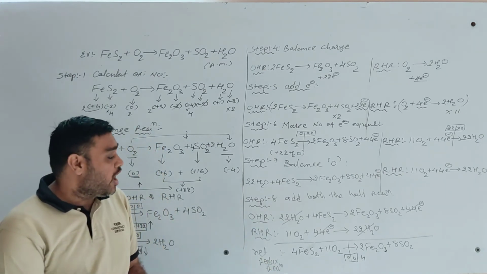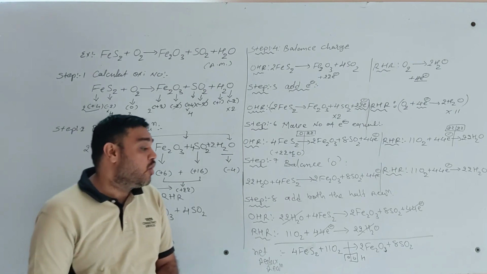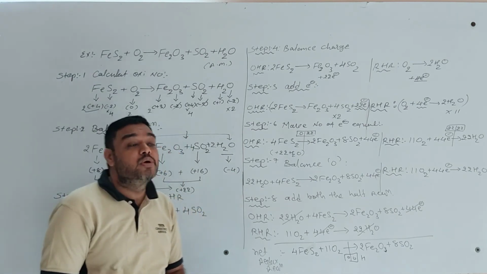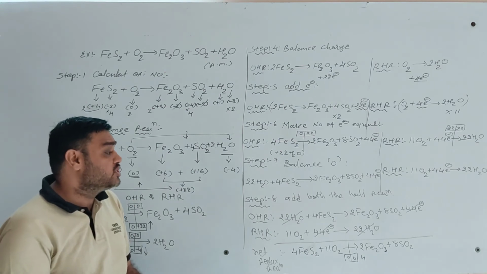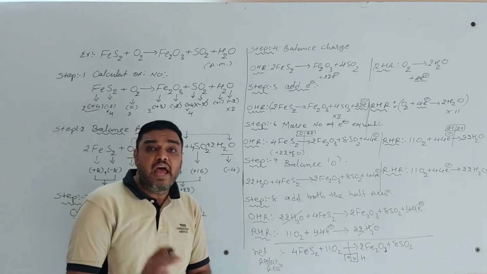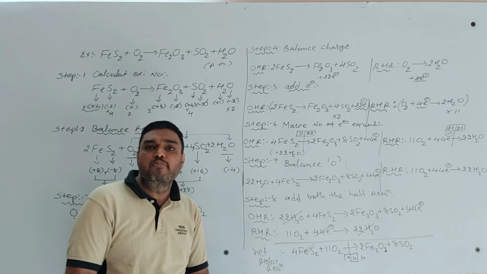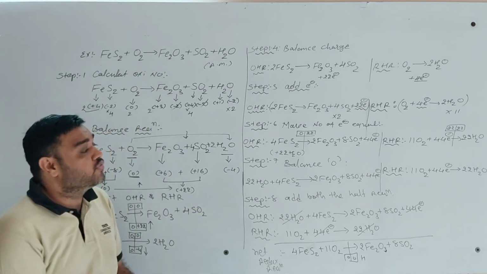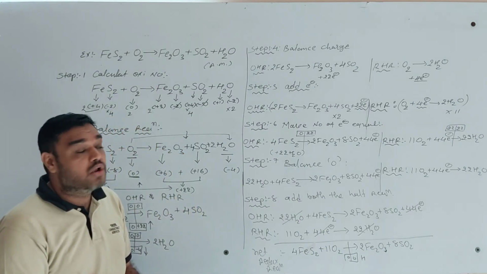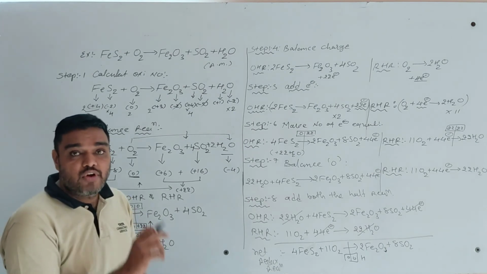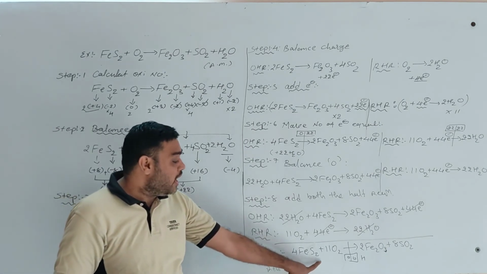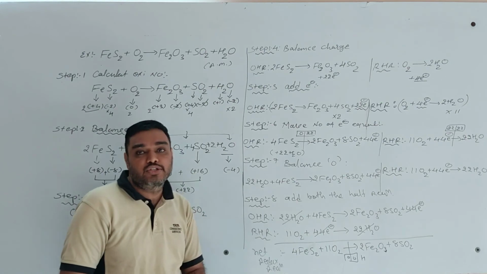In MCQs they ask how many oxygen are balanced, how much charge is balanced, how many oxidation numbers are changed, how many electrons are balanced. These types of questions, along with half reactions, you can easily solve with the table. So I will make one table according to the balanced reaction, and that you understood.